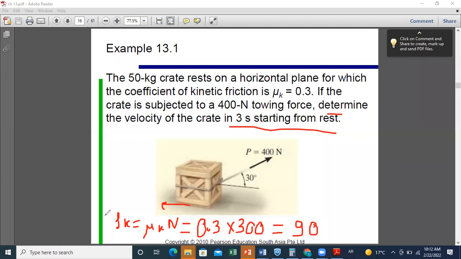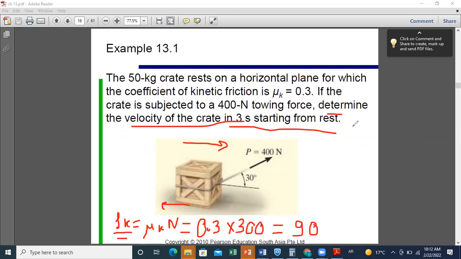And now, once we obtain the value of the kinetic friction, in order to solve for the acceleration, why do we need the acceleration? They told us to determine the velocity after 3 seconds. You know that velocity is related to acceleration and time. So whenever you have such a problem, where forces are acting on your system and you want information about velocity, think about combining the two chapters, 12 and 13.